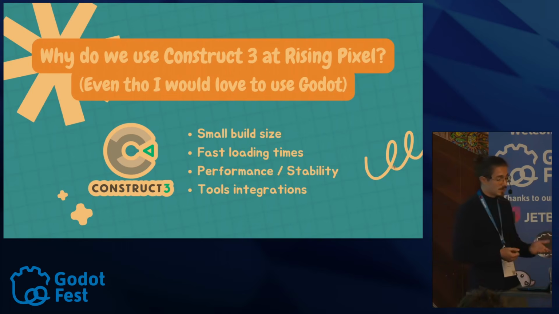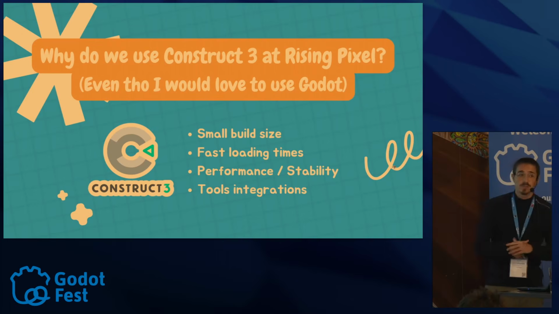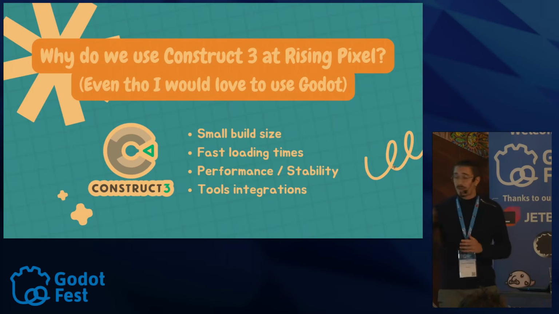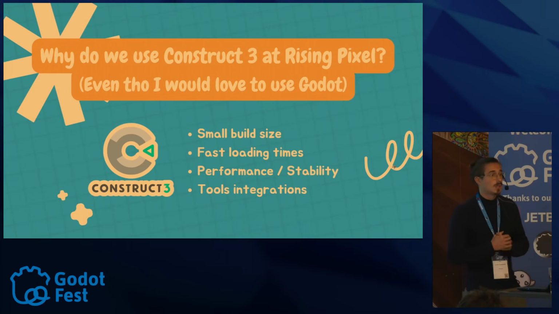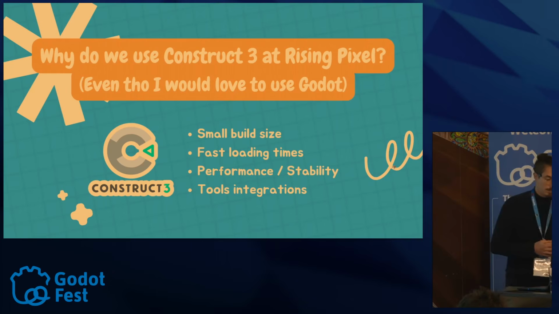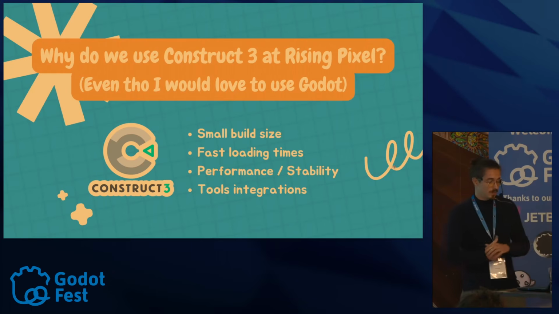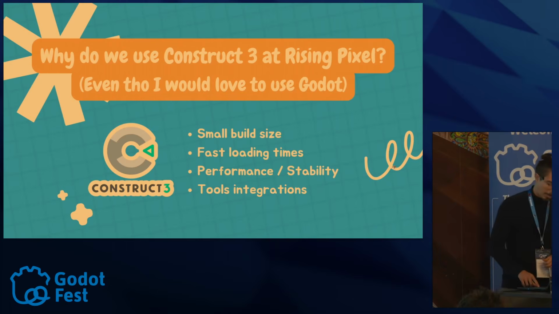And it also offers great tool integrations, for example, with Firebase, or other tools which we use a lot in the company where I work. It makes it a very strong option for web games.